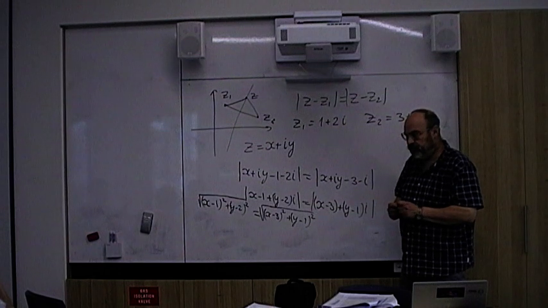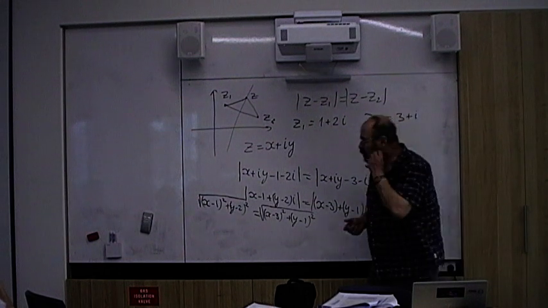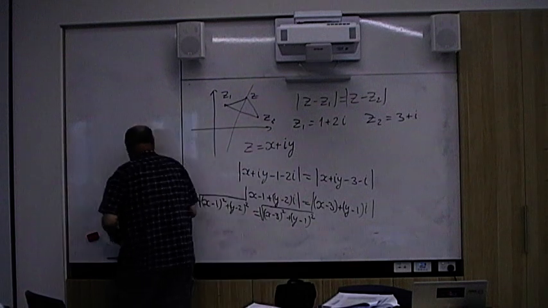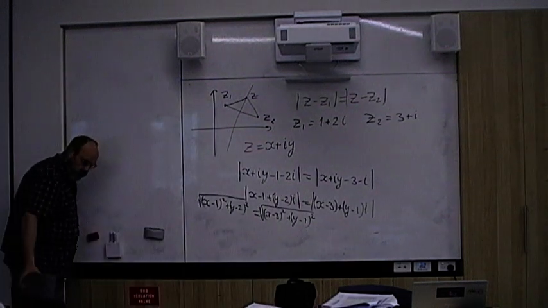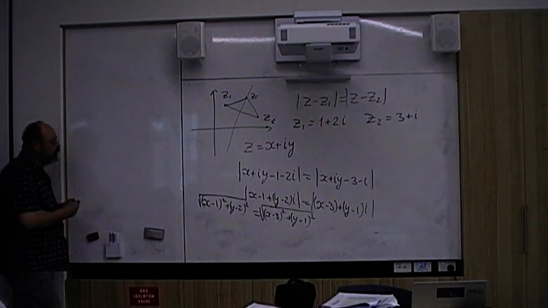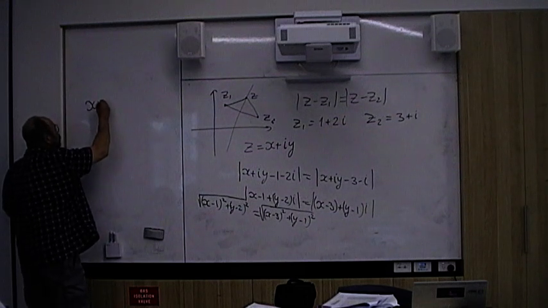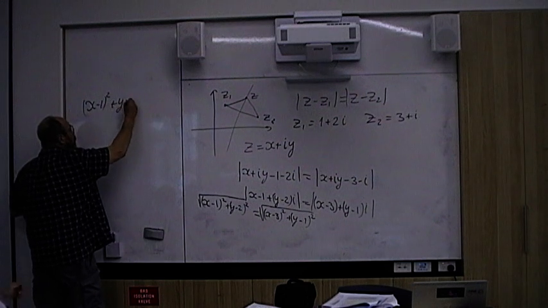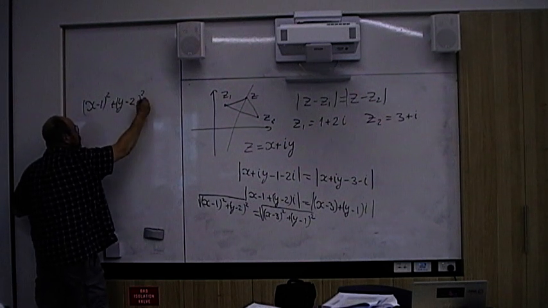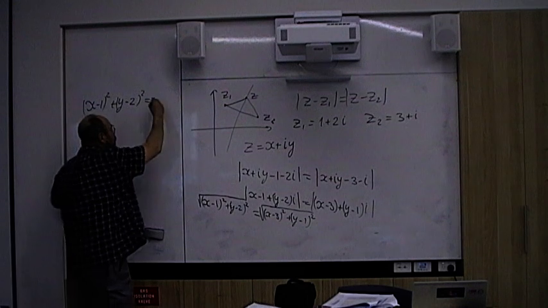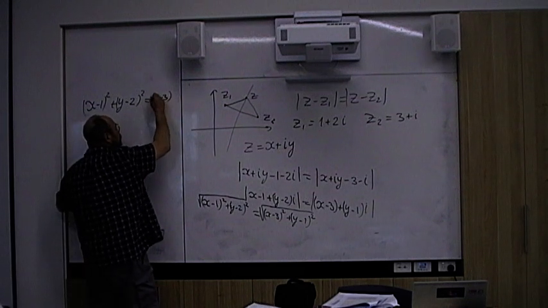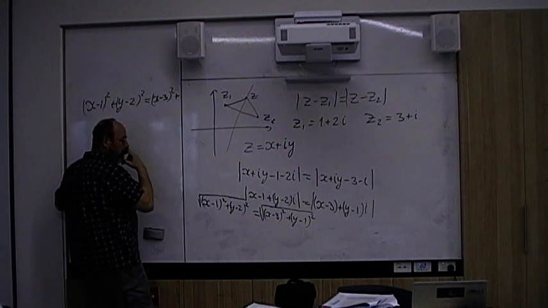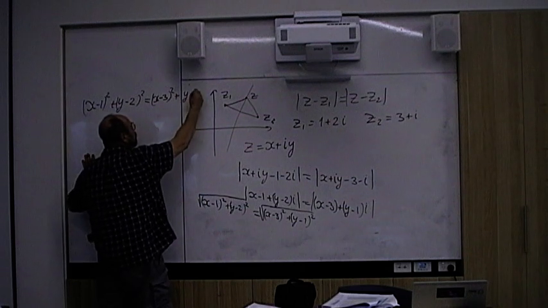Then we need to just square both sides, get rid of the square roots, and we get x minus 1 squared plus y minus 2 squared equal x minus 3 squared plus y minus 1 squared.